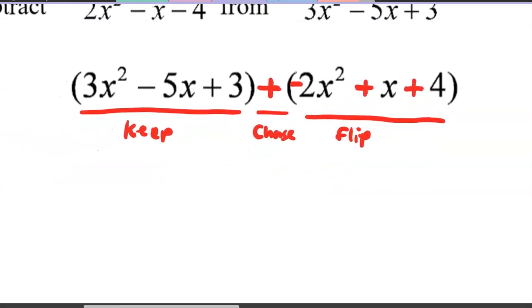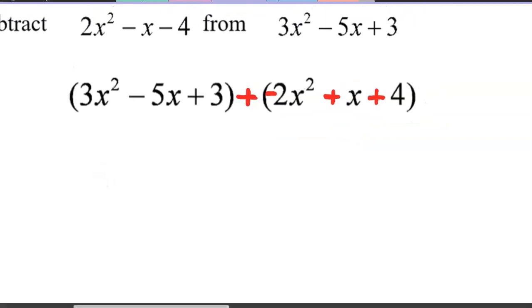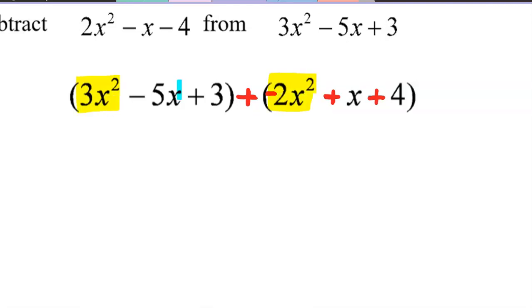So by doing that, what we now have done is we've essentially turned this into an addition problem, which now allows us to do the exact same thing we just did in the previous examples. We're going to highlight our like terms. So let's go ahead and highlight them first like we did in the first part of the video. And now all we're going to do is combine like terms.